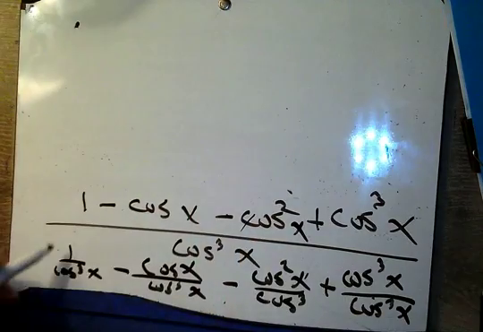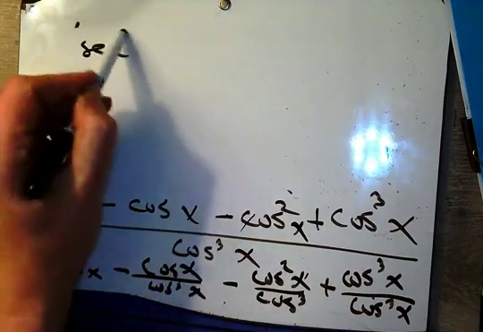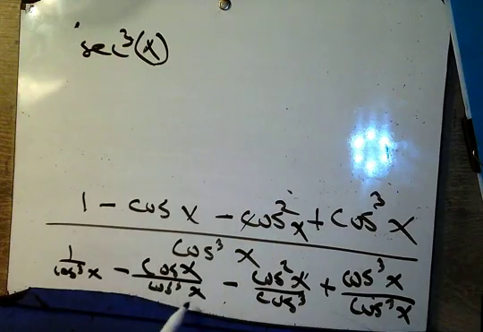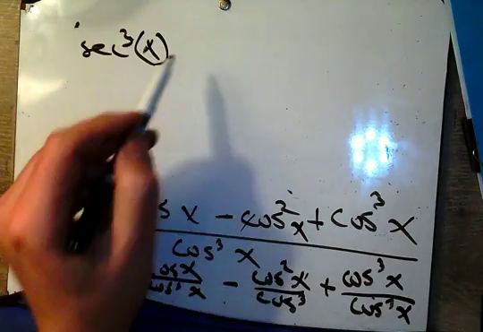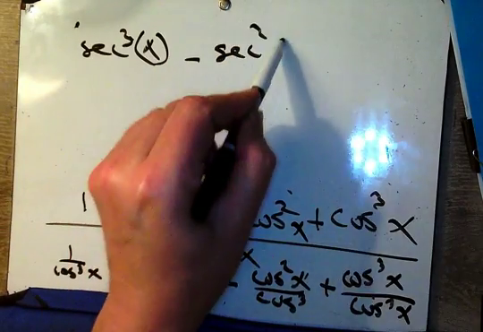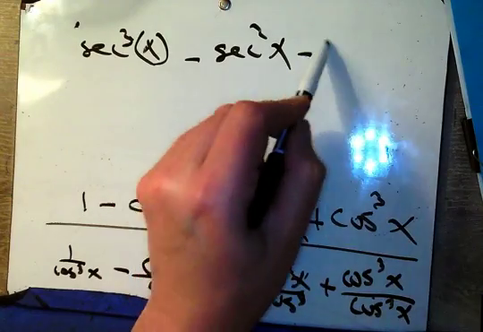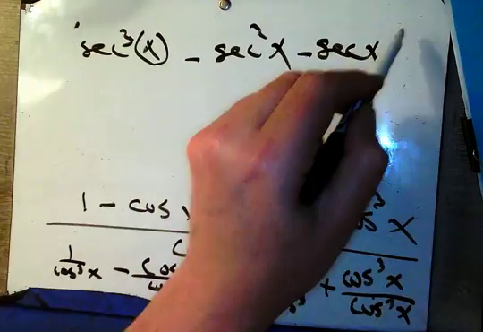And what's that going to do? Well, let's see what happens. 1 over cosine to the third is secant to the third. And here I've got a cancel with a cancel, and I've got minus secant squared. I can cancel both of these with two of those, and so I have minus secant, and here I have plus 1.